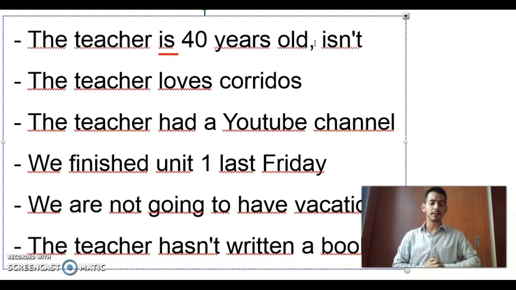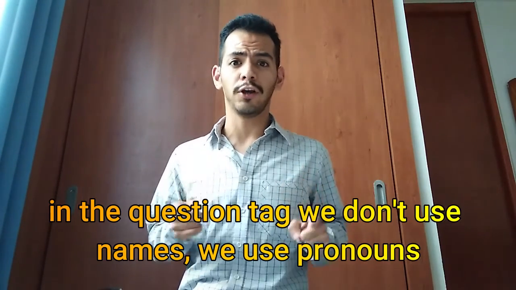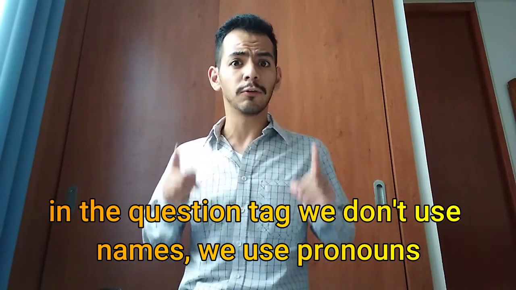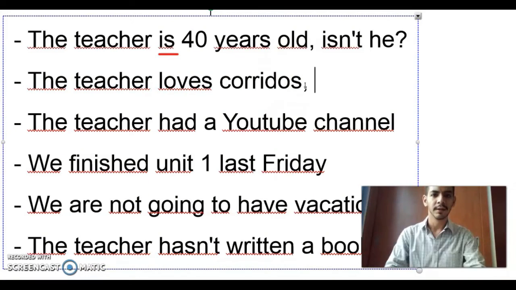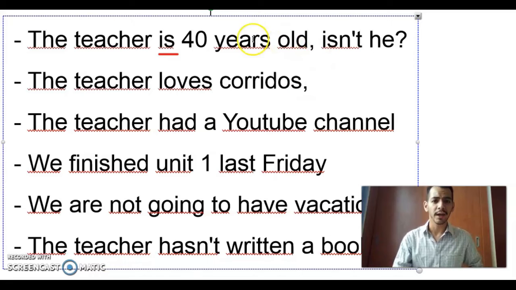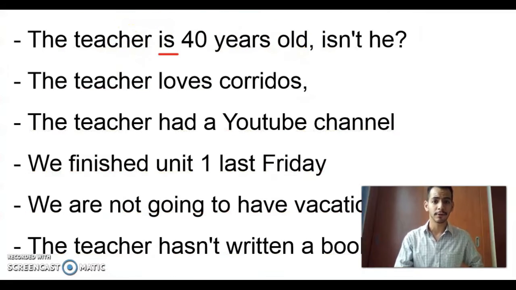Isn't, and the teacher is similar to saying he. It's very important to keep in mind that in the tag question, we don't use names, we use pronouns. So, isn't he?